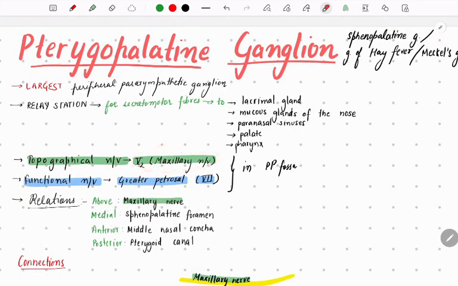You will see it many times. So you see this and your mind should click: it is the topographical nerve, and it will carry both the parasympathetic postganglionic and the sensory fibers, because it is going to be a sensory branch or root also.